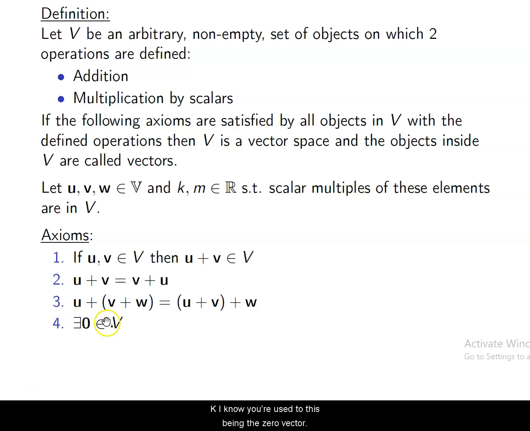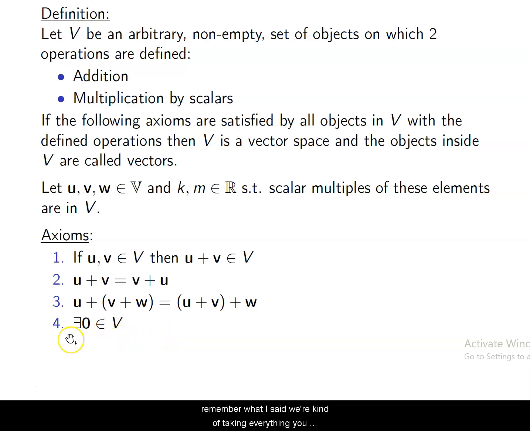I know you're used to this 0 vector being a column full of zeros, or a matrix where every entry is 0. That is not always the case. We will definitely see, and I will on whatever exam comes up next, have an example where your 0 vector is not an item in your vector space that is full of zeros.